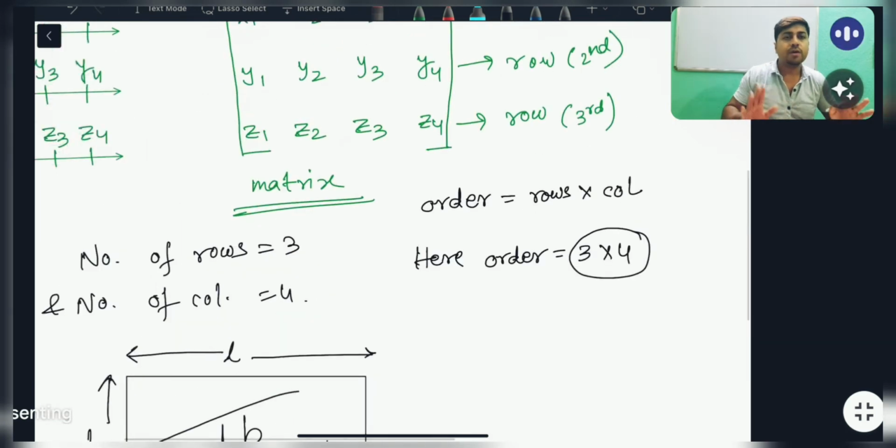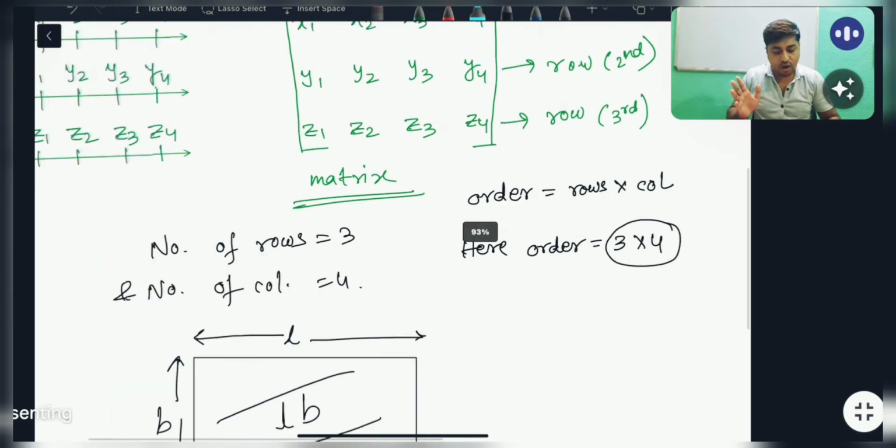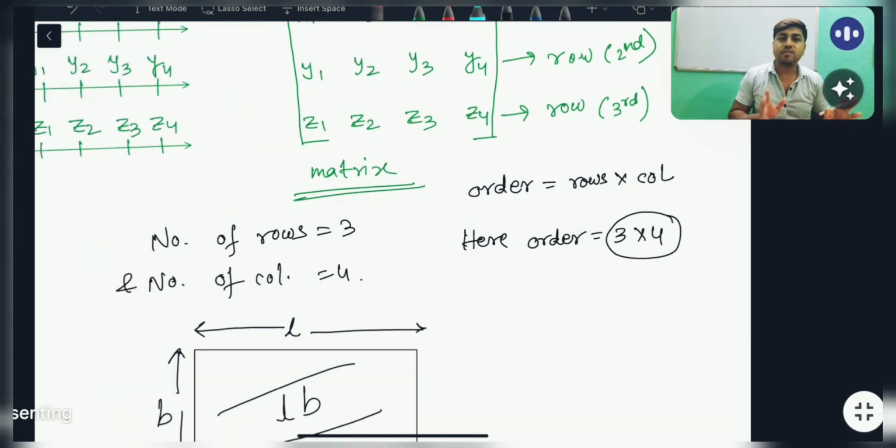Row into column, number of elements. So according to the logic of the rectangular system, the system of length, breadth, area, the matrix has been developed in that system. Okay?